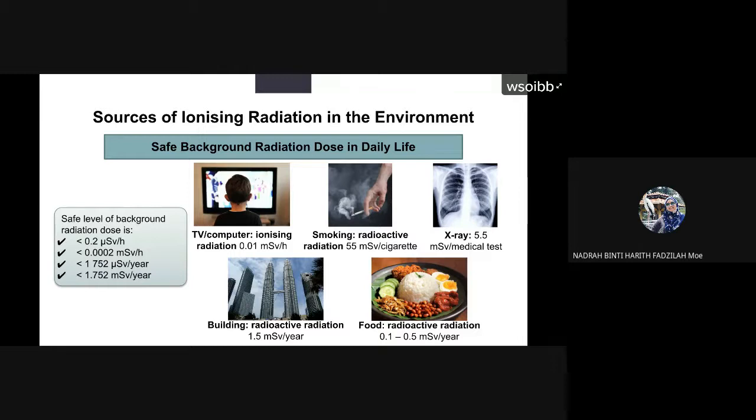So when the same number is converted into a longer period of time, which is year, dalam 1 tahun berapa exposure dia? So 1 tahun ialah 1752 microsievert per year atau 1.752 millisievert per year.